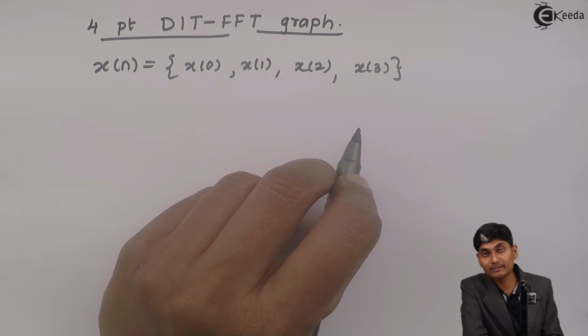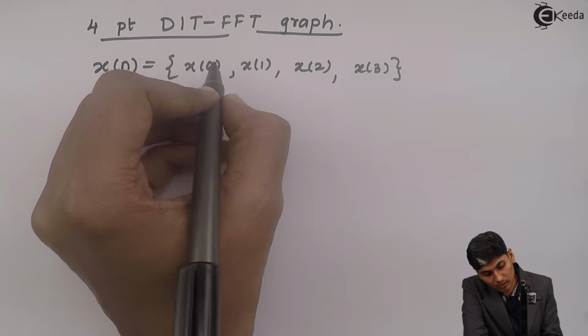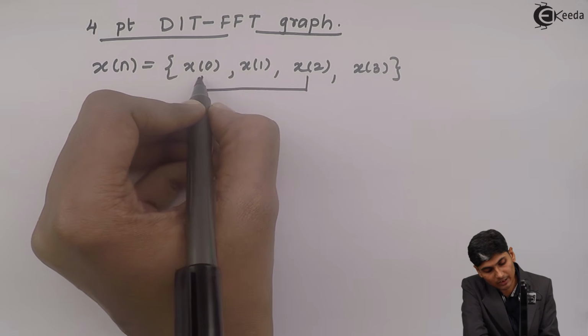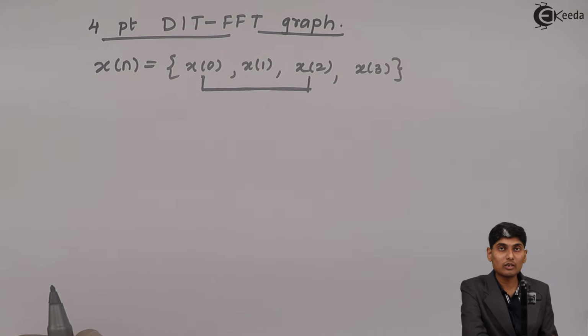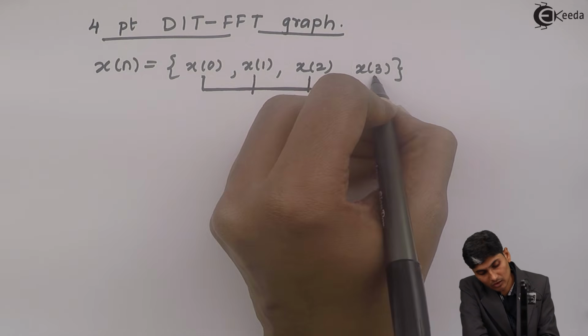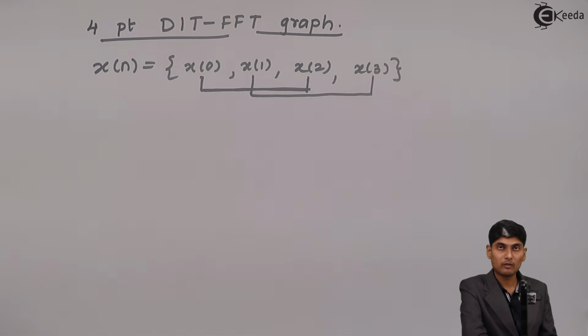With these 4 sequences, I will have to divide them. So how will we divide it? I will take these 2 samples together. That means x of 0 and x of 2 together, and I will take x of 1 and x of 3 together. So we combine and bunch them.